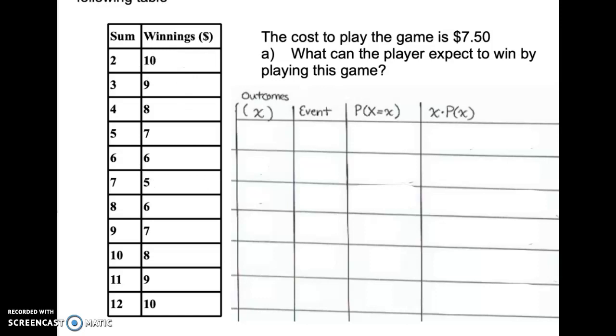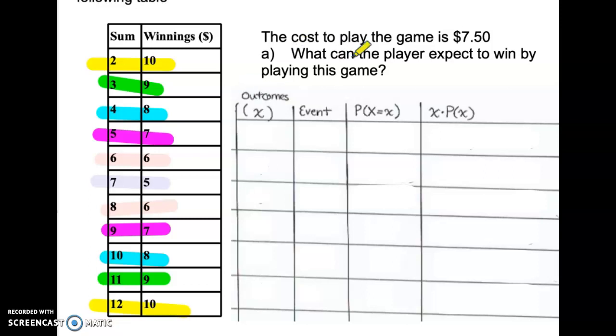So we see that if you roll a sum of 2, you win $10. If you roll a sum of 12, you also win $10. And we see, in fact, that for most of them, they have a matching pair. So if you roll either a 3 or an 11, you're going to win $9. If you roll either a 4 or a 10, you're going to win $8.